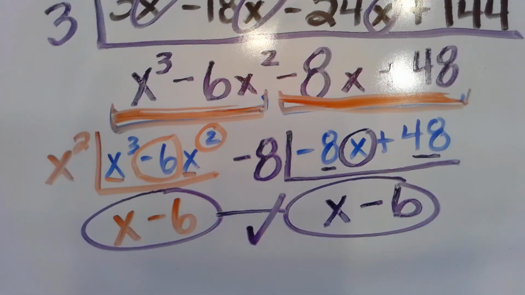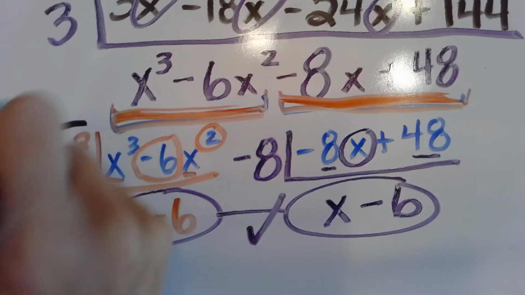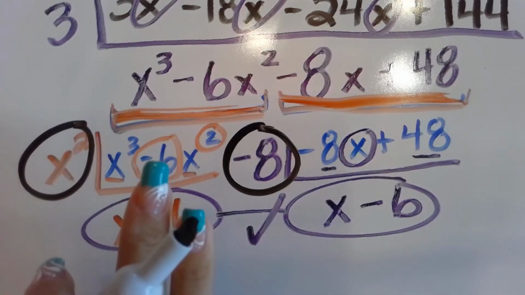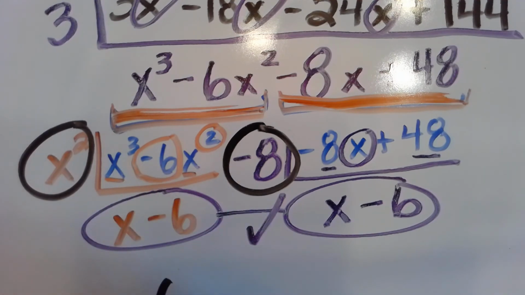So now let's go ahead and get down to our final answer, okay? Now we did a lot here. We have this, which is going to be one of our factors. We know that we can't forget about these two. So let's start there. Okay, hold on. Let me move the camera down a little bit.